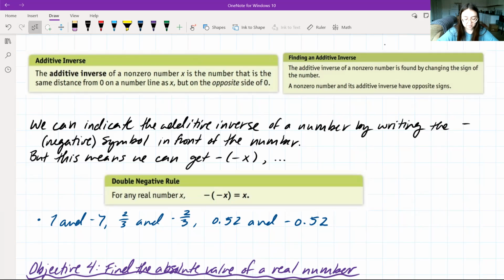So some additive inverses we have here are 7 and -7, 2/3 and -2/3, 0.52 and -0.52. So our additive inverses are the same numbers with different signs. And with our double negative rule, all this is telling us is that if we want to find the additive inverse of, say, -7, we're just going to add that negative sign in the front. That would give us -(-7), which gives us +7.